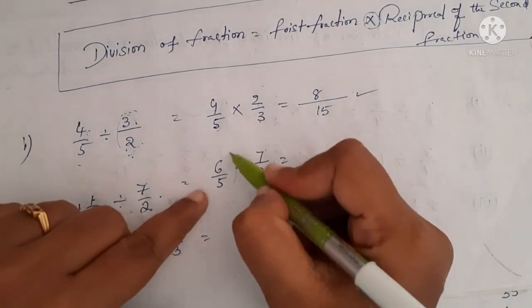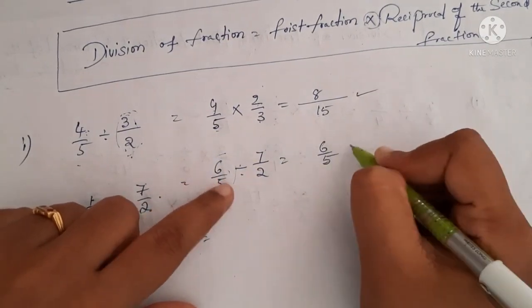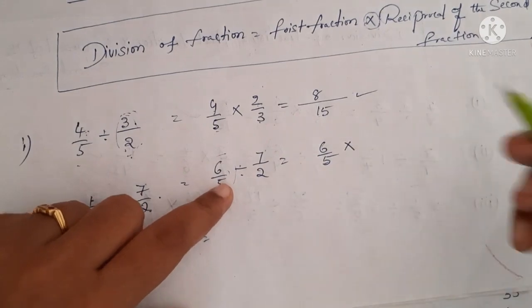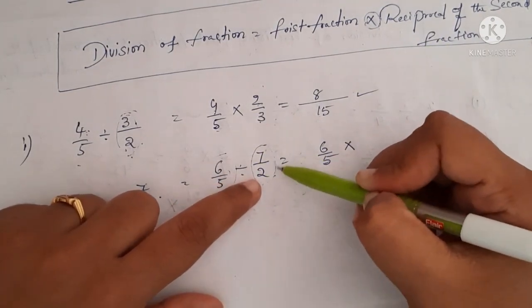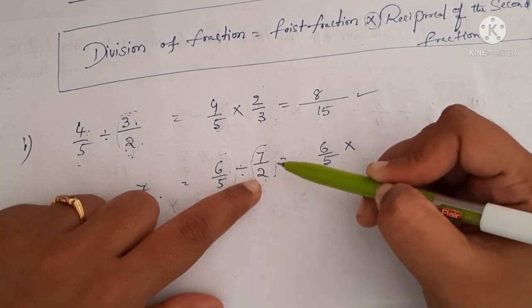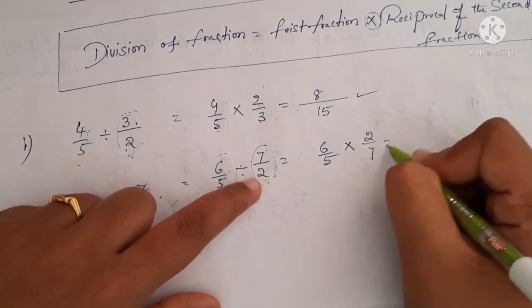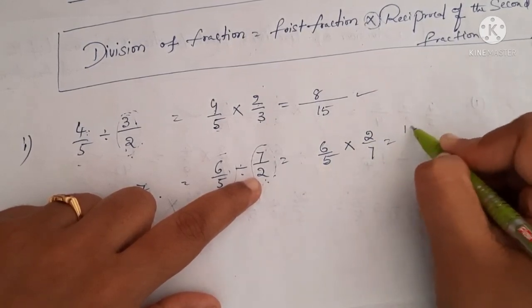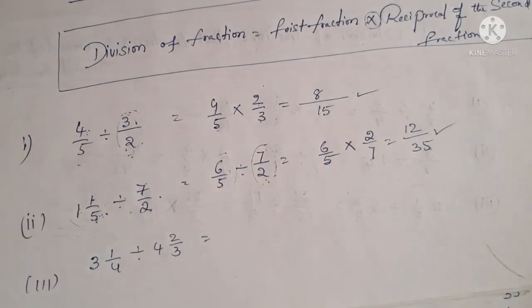First write 6 by 5, and now keep into, and next we have to write the reciprocal of this fraction. What is the reciprocal of this fraction? You know that, 2 by 7 right here, and 6 into 2 you will get 12, 5 into 7 you will get 35. This is the answer.